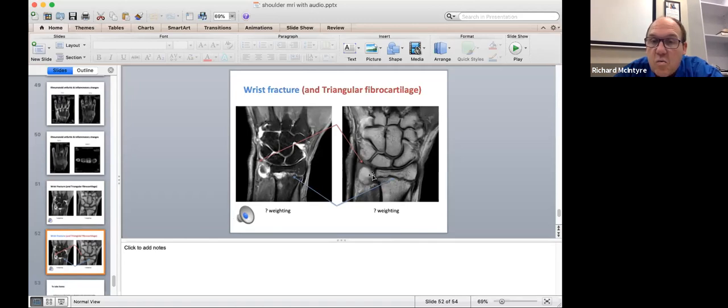Exactly the same, we're going to discuss the meniscus in the knee shortly, but it's a similar sort of thing where if you see increased signal in that area, we've got fluid, and even on T1, the fibrocartilage should be hypointense. So if we see increased signal even on T1, we know that there's disruption there. Okay, we know that fibrocartilage is hypointense because it's got no hydrogen. It's not going to give us a signal, just like the cortex of the bone.